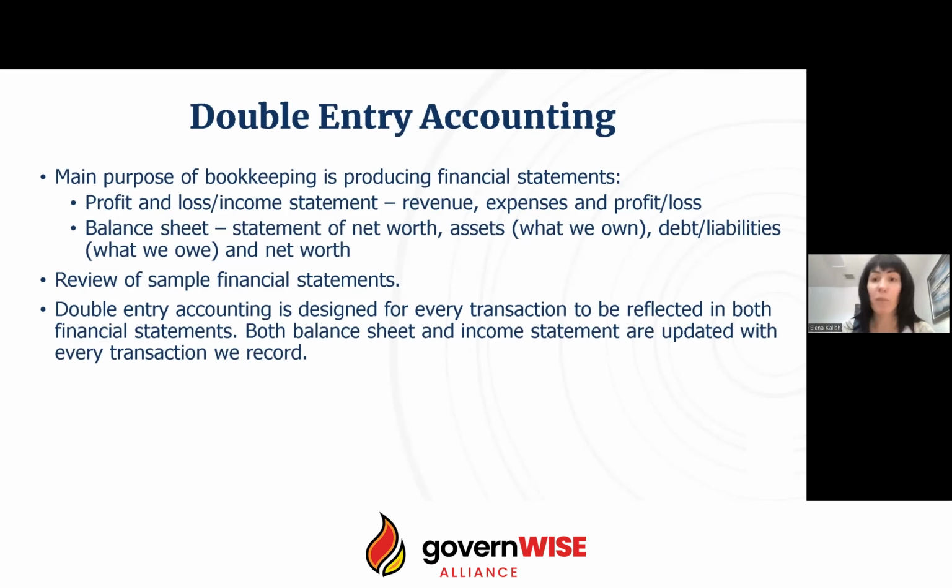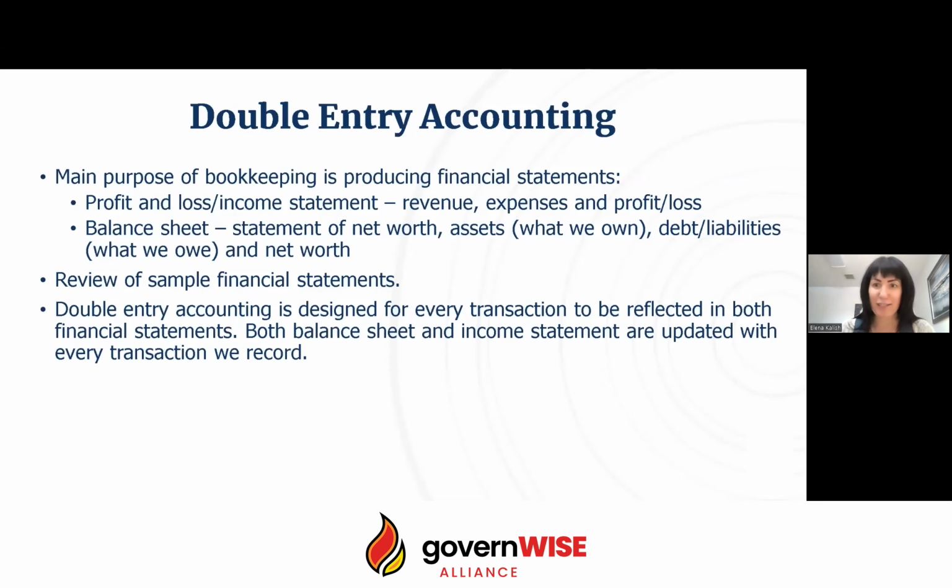The way bookkeeping and financial reporting systems work is every transaction that's entered is supposed to affect both financial statements. It affects our profit and loss, but at the same time, it also affects our balance sheet. This is why it's referred to as double entry.